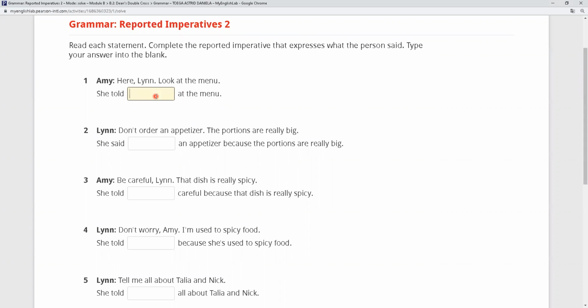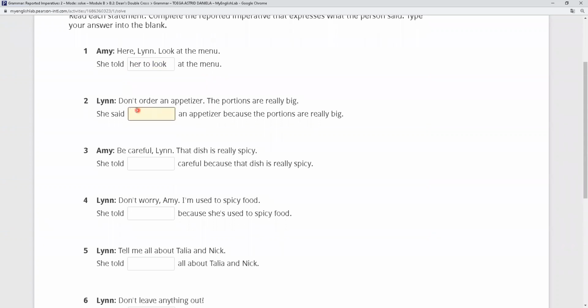She told her to look at the menu. How about number 2?